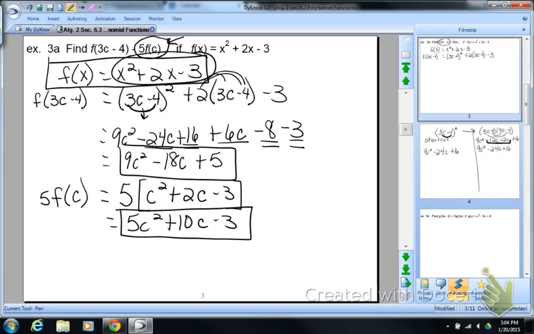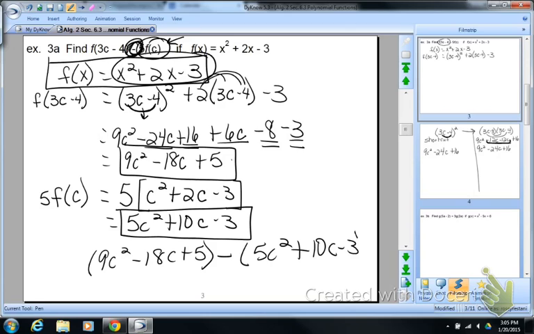Now look at the two functions. What am I doing to the two functions? I am subtracting them. So basically I'm subtracting these two boxes. Now I'm going to rewrite it, and instead of the box, they're going to be polynomials, in parentheses. So 9c squared minus 18c plus 5 minus, the 5 times the f of c, which is 5c squared plus 10c minus 3.